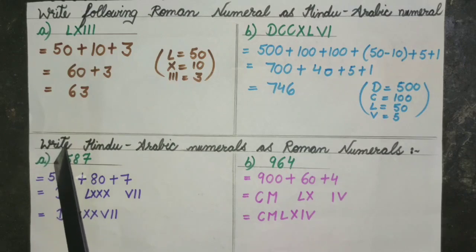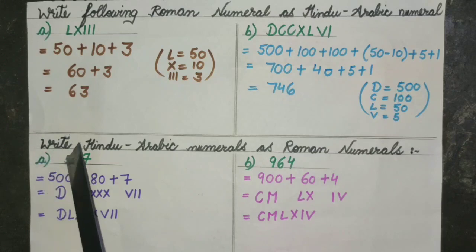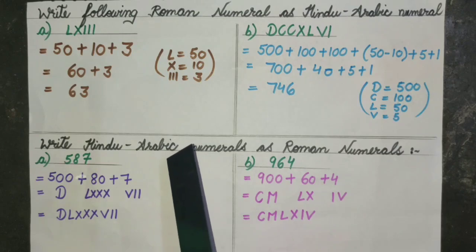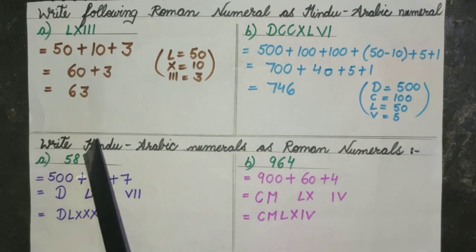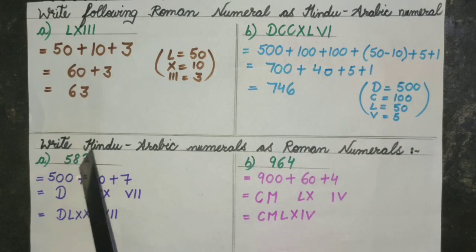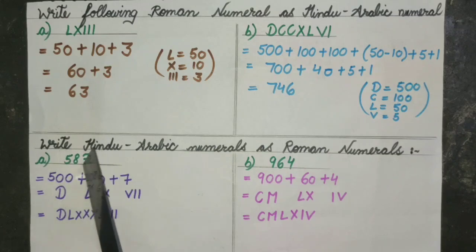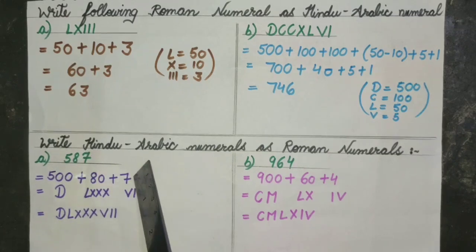Before starting the question, let me tell you everyone, I have explained in my previous videos how to calculate the expanded form. So when we are converting a Hindu-Arabic number to Roman numeral, we have to convert a number into expanded form. We have to convert this short form into the expanded form.